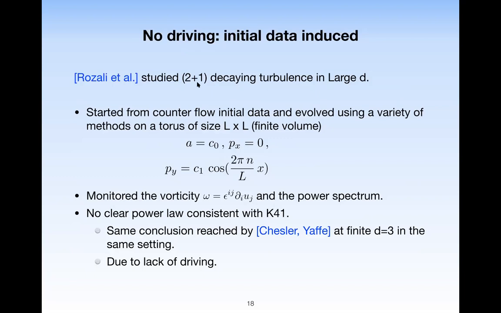And in principle, in that case, one should expect to see a direct cascade, as what I showed at the beginning. With including a forcing term, this has not been done. Okay. Have I answered?